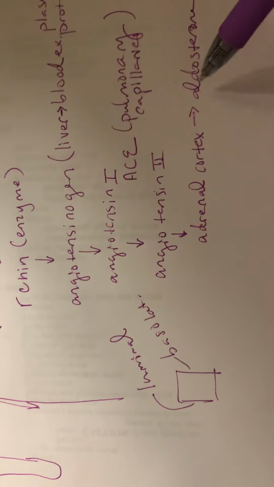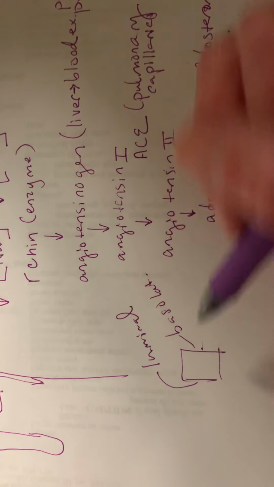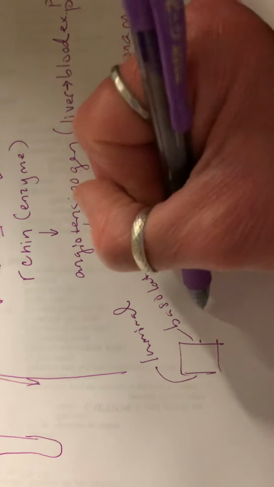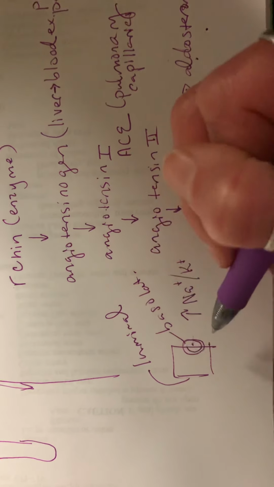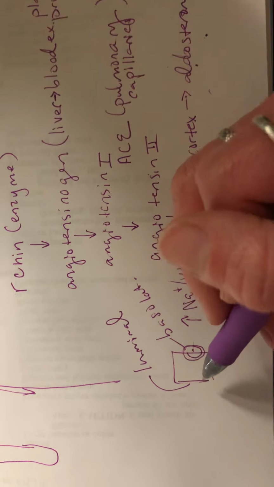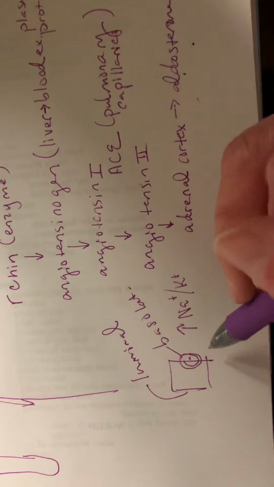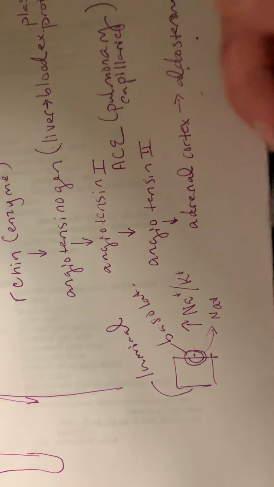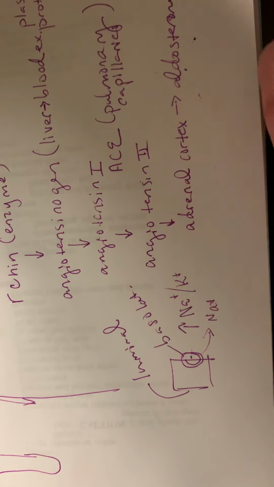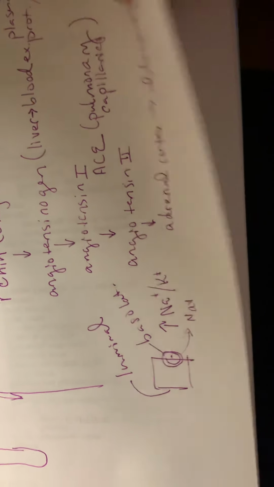And so the aldosterone is going to come over here and tell these cells a couple things. It's going to tell them to increase the activity of their sodium-potassium pumps. And remember, the sodium-potassium pumps are not on the luminal, they're on the basolateral side. And that's going to push sodium out of the cell.